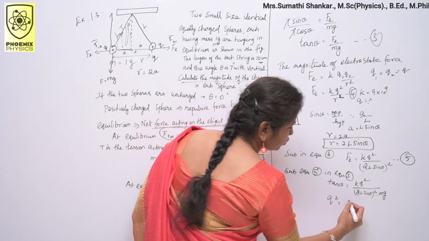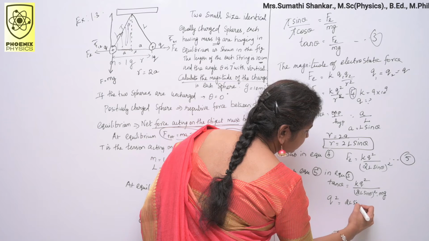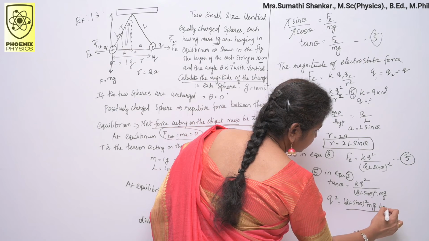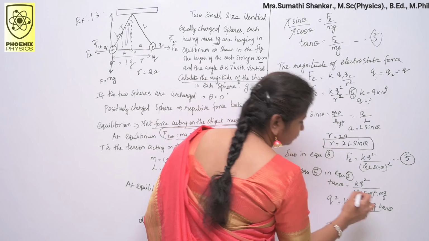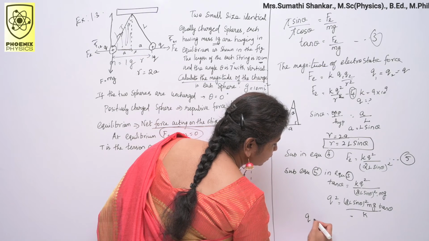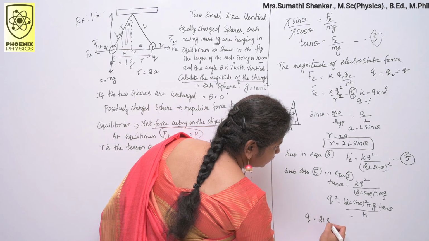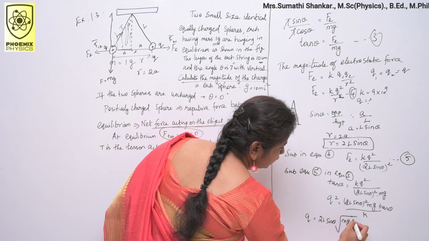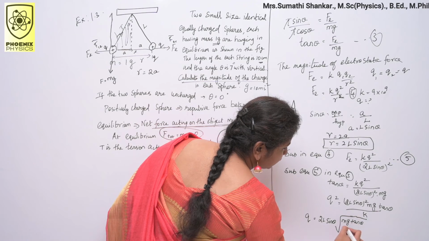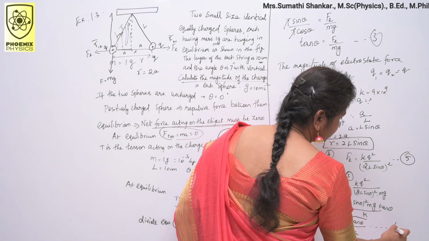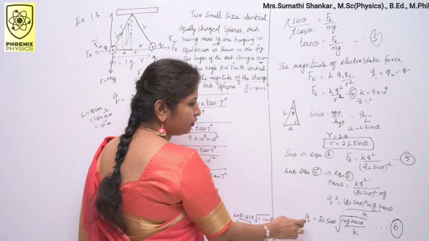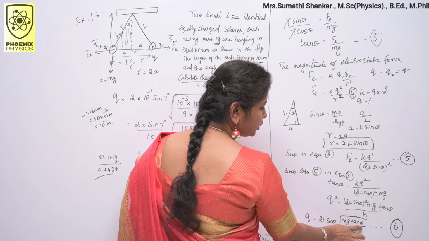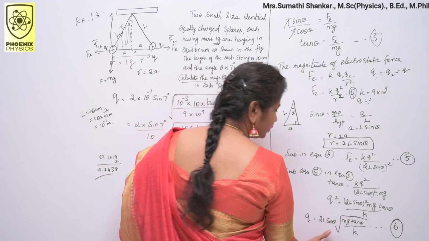Q square is equal to 2L sine theta the whole square mg tan theta divided by k. You want to find out q, that is 2L sine theta square root of mg tan theta divided by k. This is equation 6. Here our final expression is q is equal to 2L sine theta square root of mg tan theta divided by k. Substitute all the values.